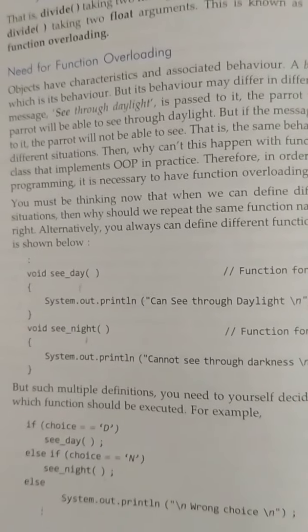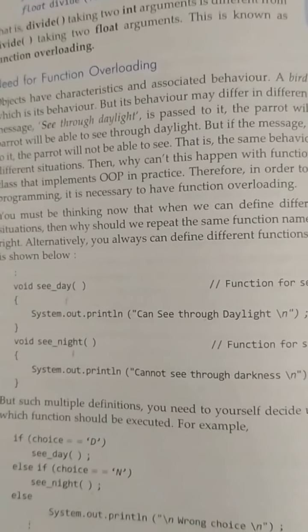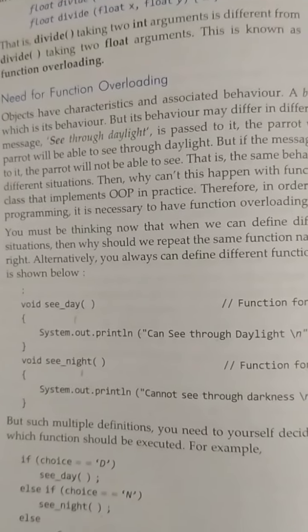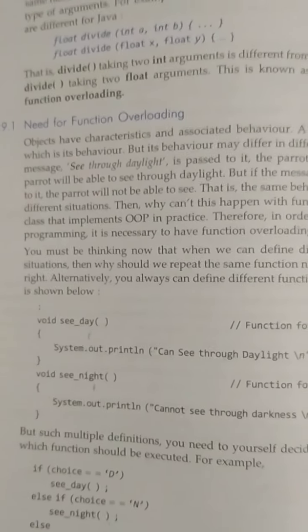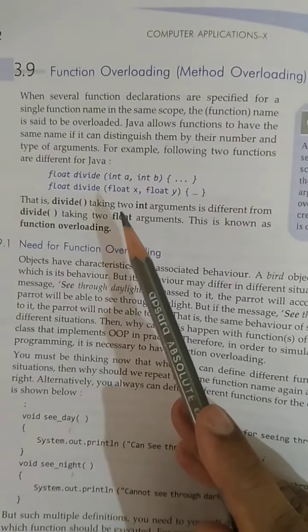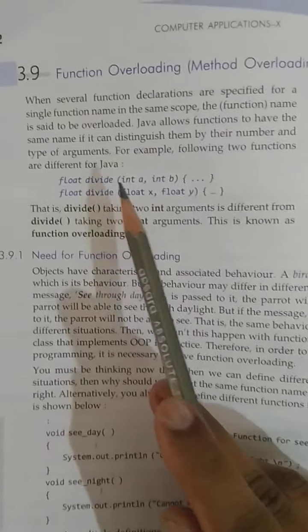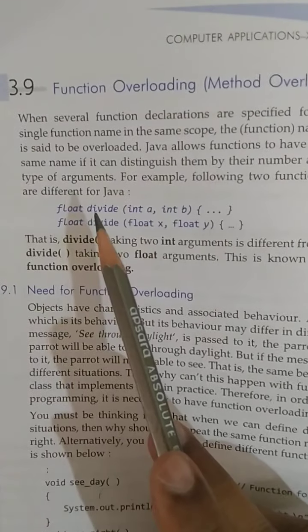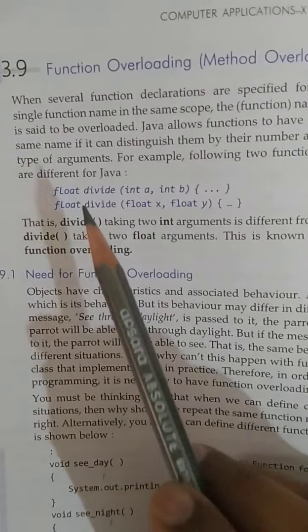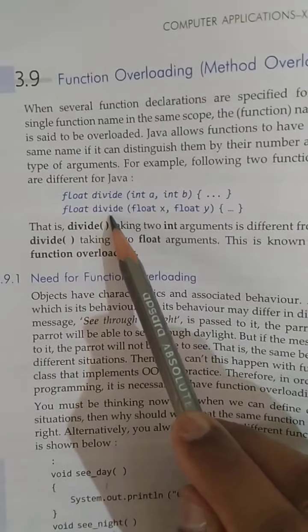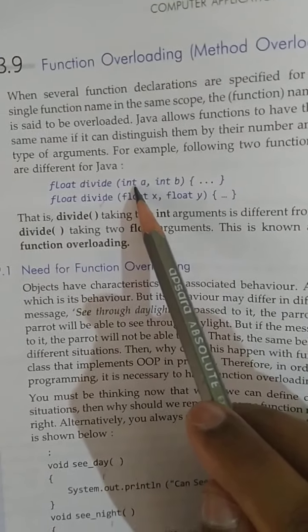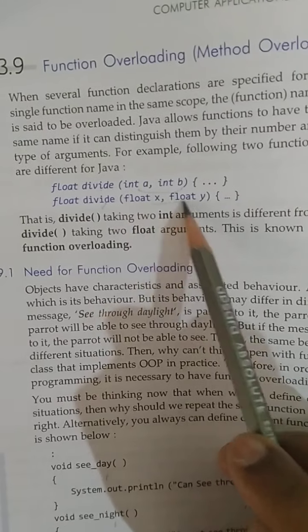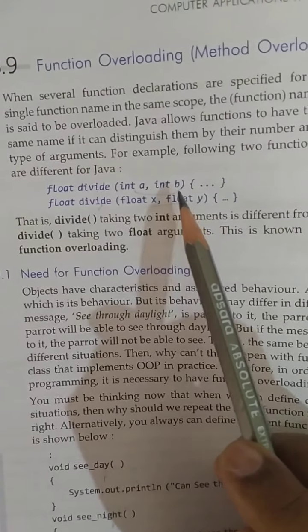Function signature means a class will consist of more than one function with the same name, but the number of arguments and the type of arguments passed will be different.